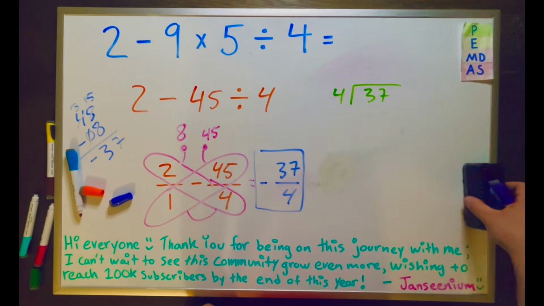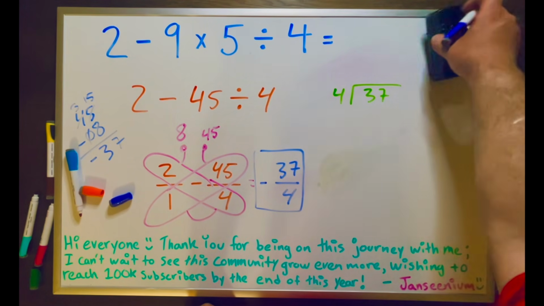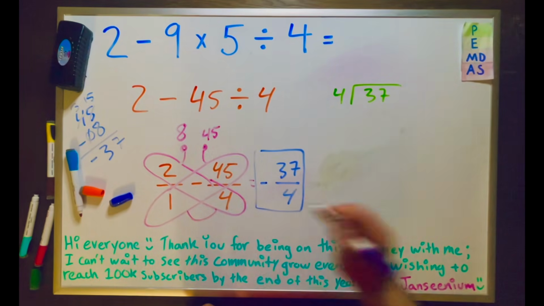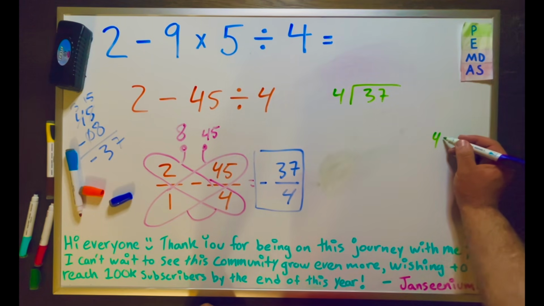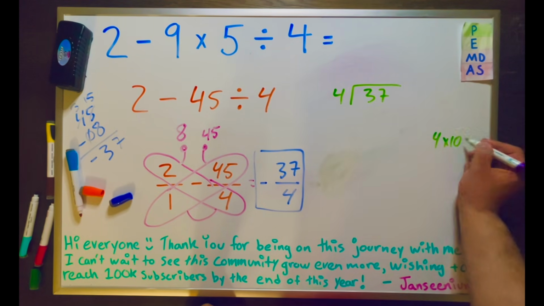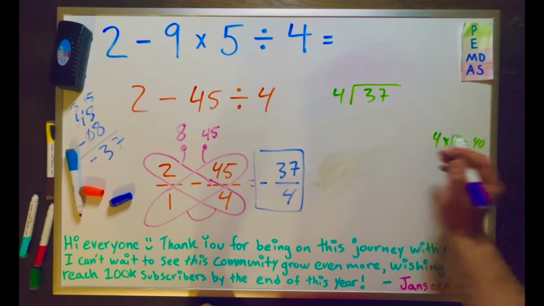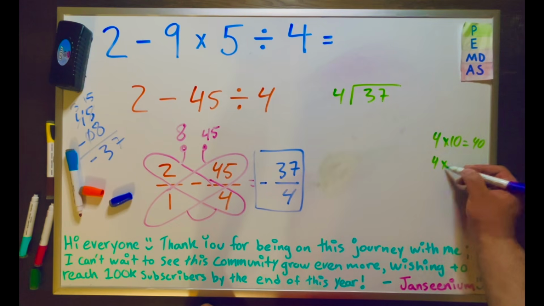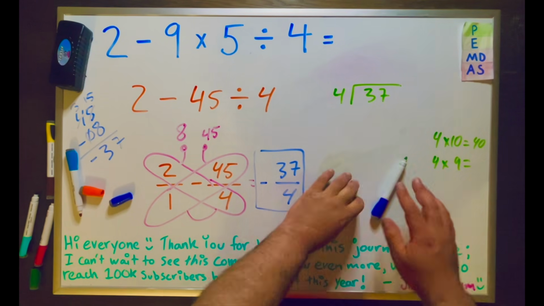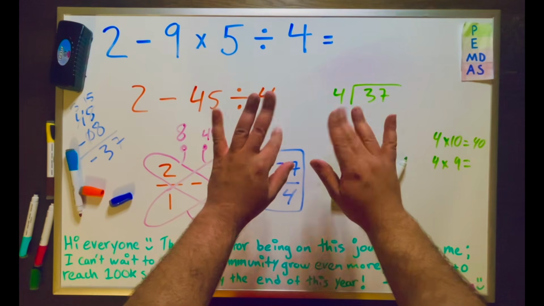Well, I know that 4 times 10 is 40. So that goes over 37. So it must be 4 times 9, so hand trick again.